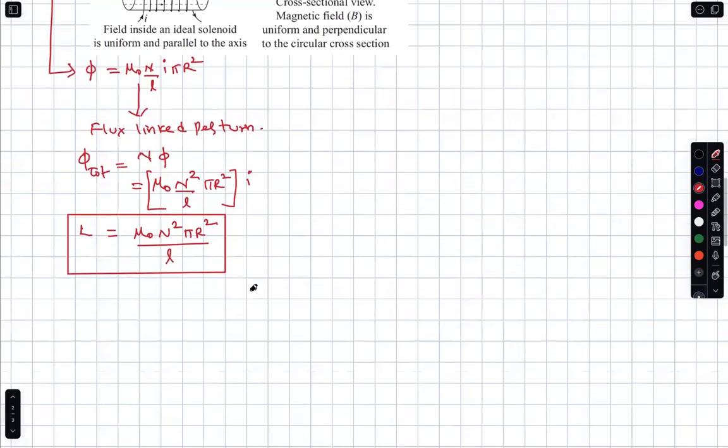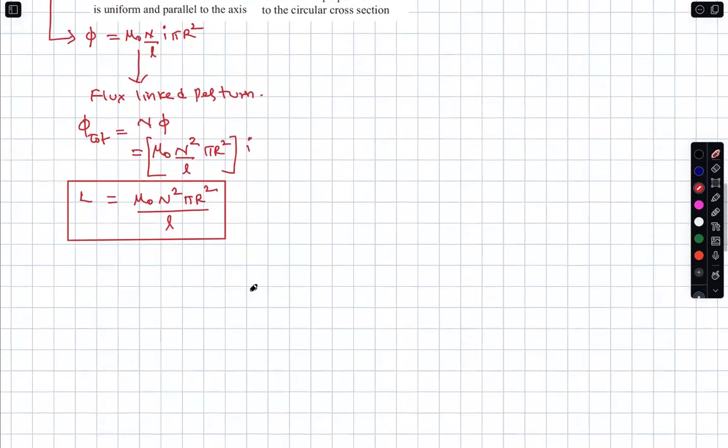likewise. This is about the number of turns. Suppose you want it in terms of this, you multiply both numerator and denominator with L. In that case, you will get mu naught n square pi r square.